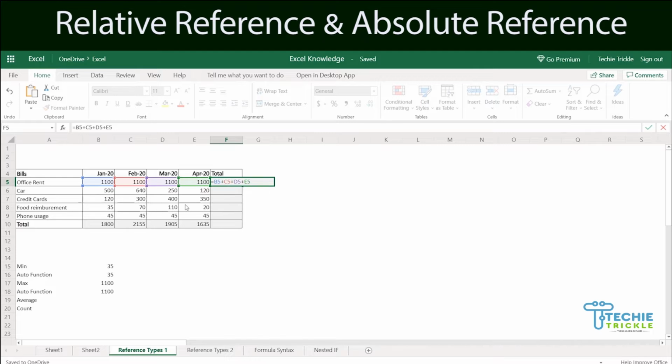And here the other way, it was in the same column and you were moving down, you are shifting the rows. So B5, C5, D5 and E5. So again, you copy, paste, copy, paste, and paste. So you got all the relative references.